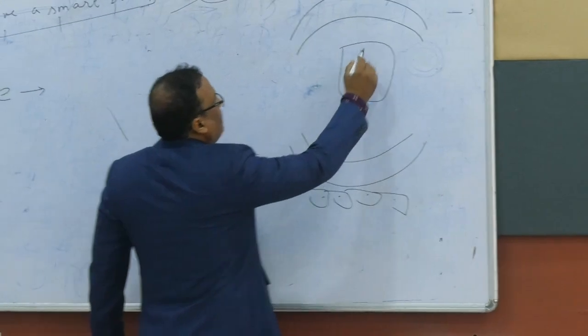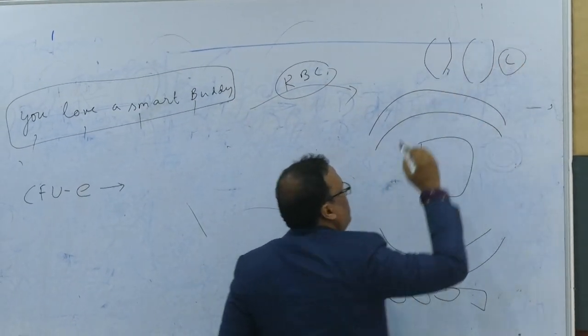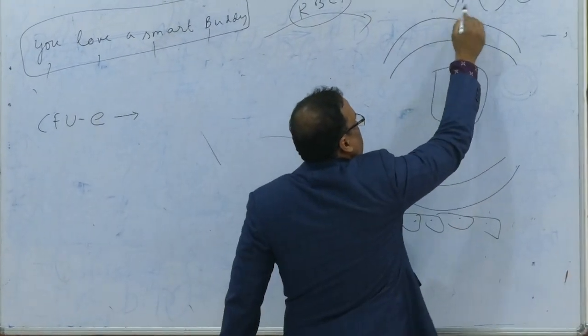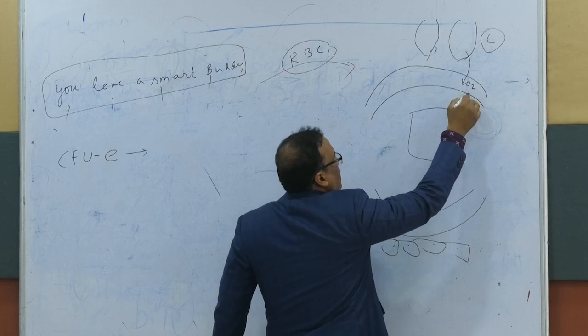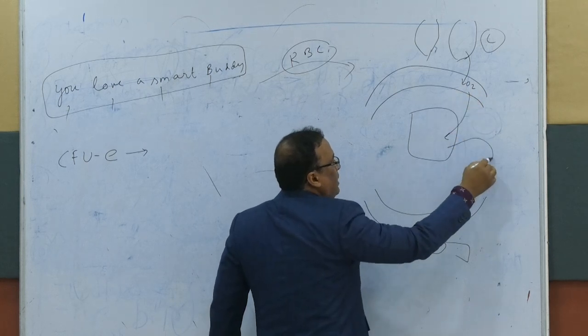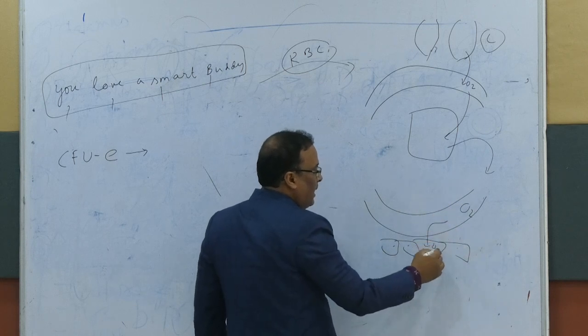Suppose here I have lungs, these are lungs. Oxygen is coming to the heart, and then the aorta etc. Oxygen is coming and delivering here, right?